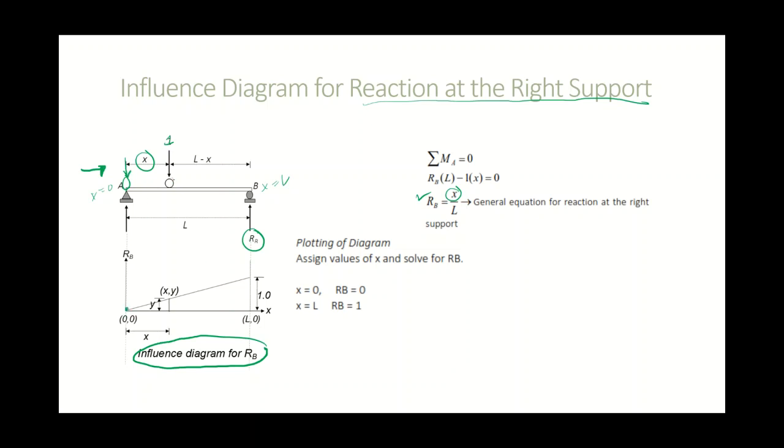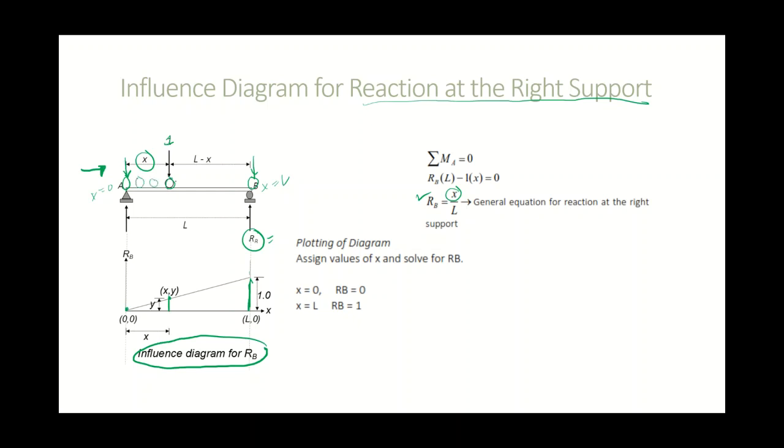When the moving load is here, this is your reaction at B. When the moving load is here, this is your reaction at B. So that is the interpretation. We are just visualizing what happens to the reaction at B caused by the moving load.